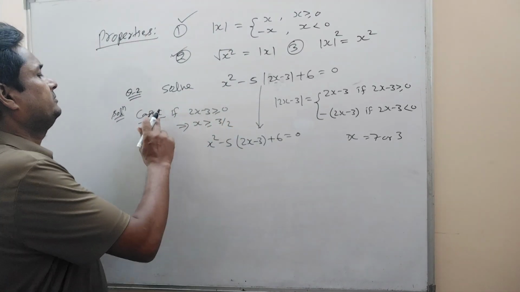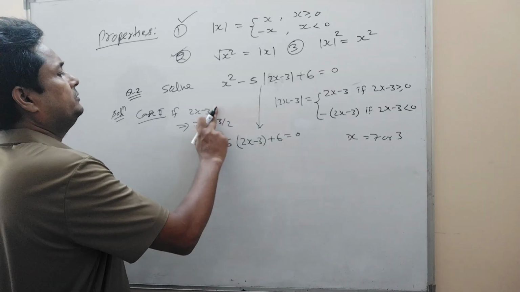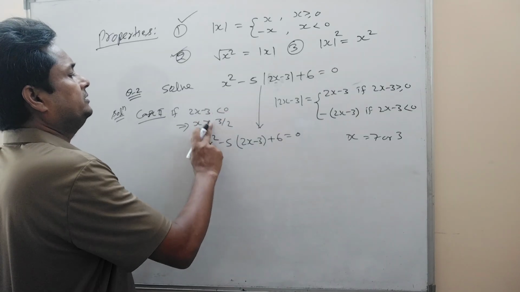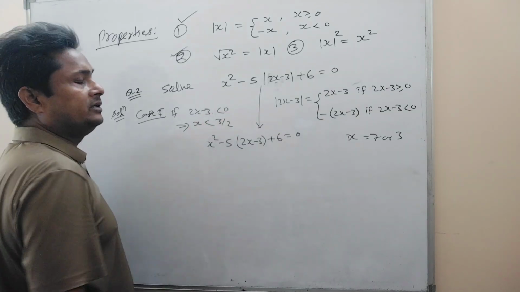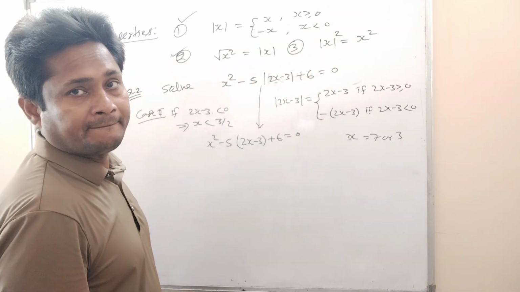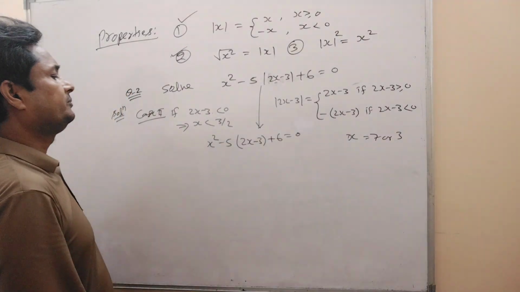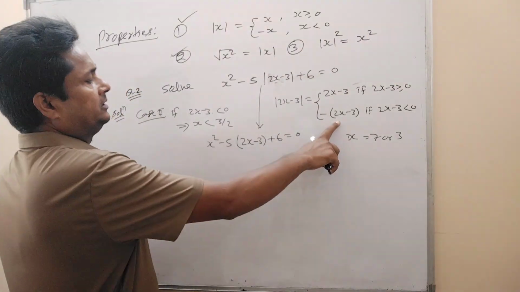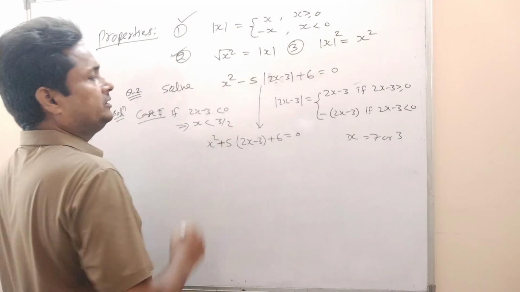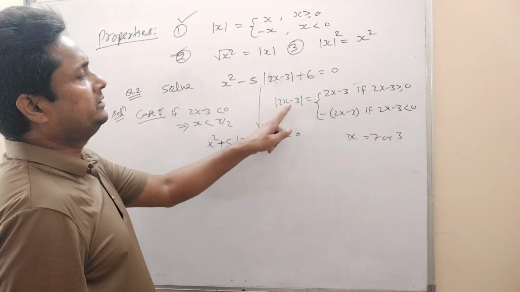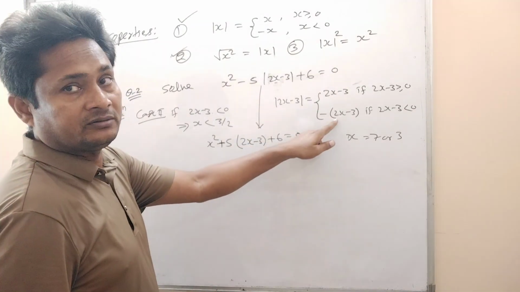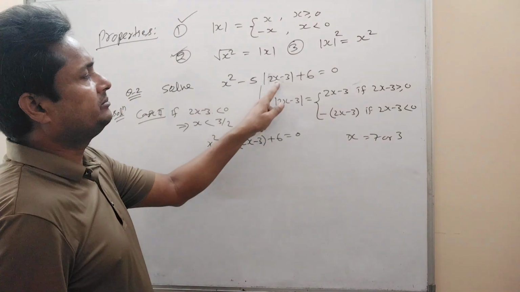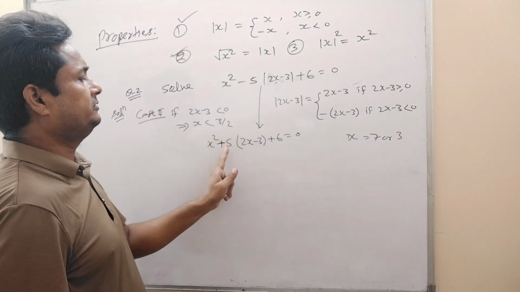Case second: if 2x minus 3 is less than 0, that means x is less than 3 by 2. Then how will you solve this? Then this modulus can be written like this. Here it will be a plus sign, because minus is already here and minus will come from this one, so it will be plus.